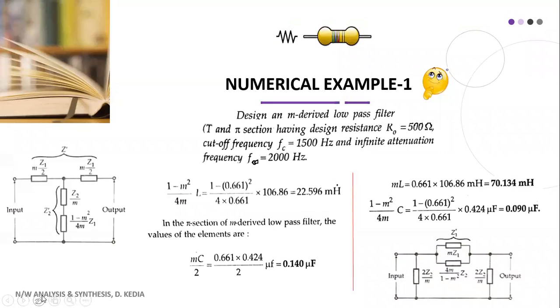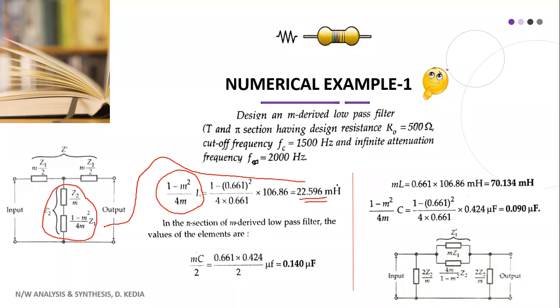If we move forward, now we have to look at the shunt arm. For the shunt arm, what we have is 1 minus m square by 4m into Z1, and what was Z1? Z1 is L, so we have to obtain this value. If you substitute all the values, this is what you get. So we have derived our M-derived T section low pass filter like this.